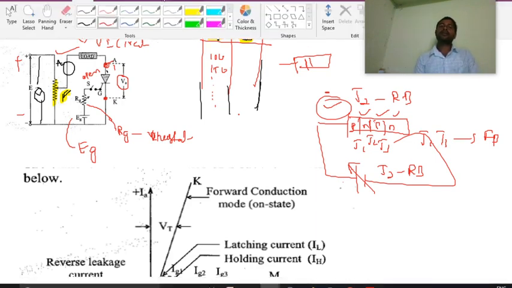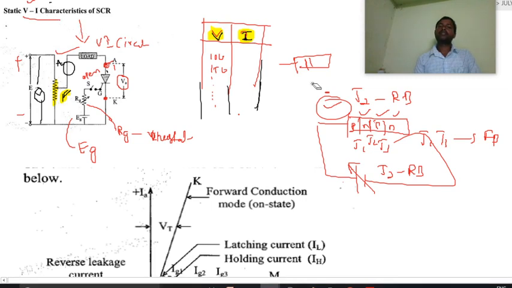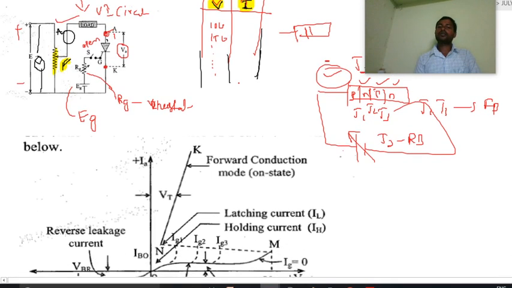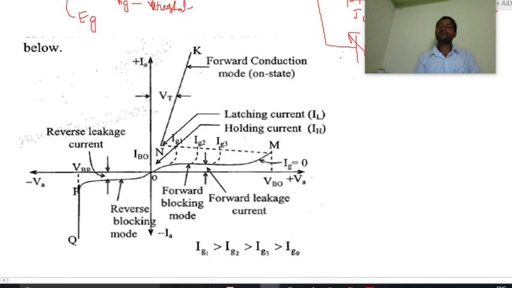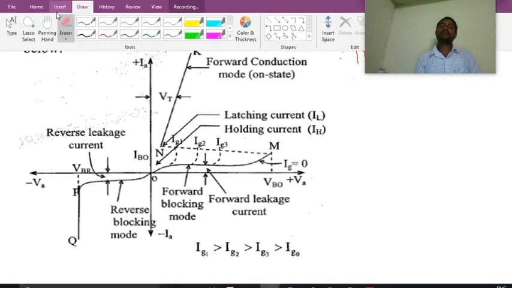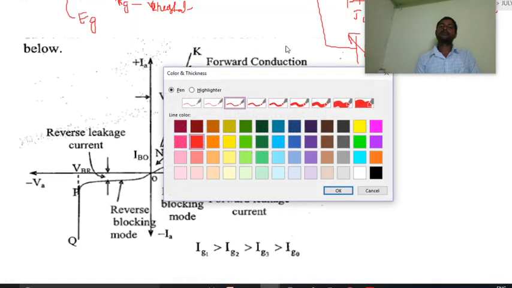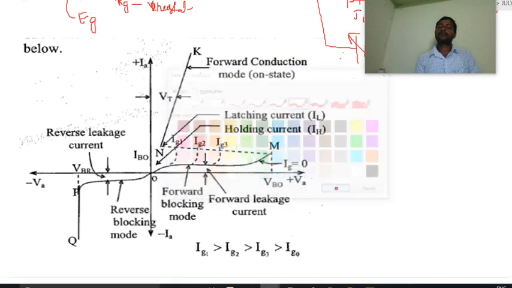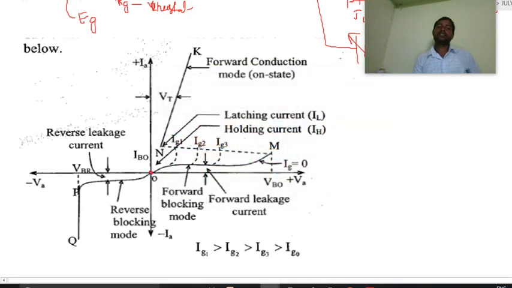This is the basic thing you require. Now look at this VI characteristics diagram. This is zero voltage applied here.